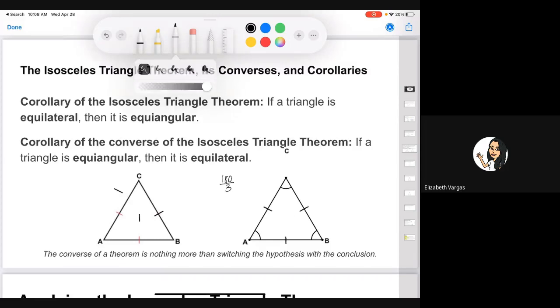Well, because I know my sum of my interior angles are equal to 180, and I have 3 interior angles. And so if I divide 180 by 3, I get 60. That tells me that each of my angles, which are equiangular, so they're equal, the same, they're all equal to 60. Okay? Again, equilateral means all sides are congruent.